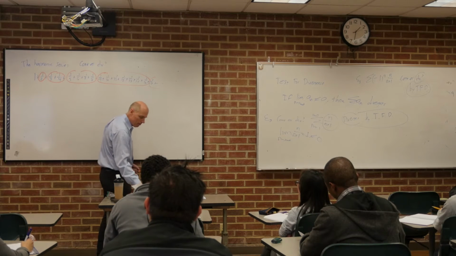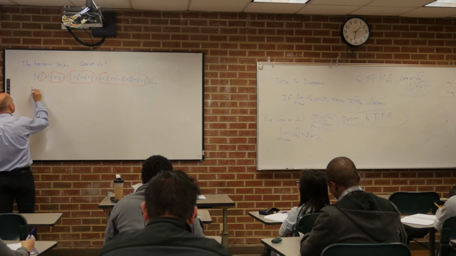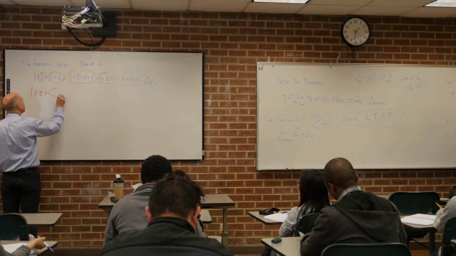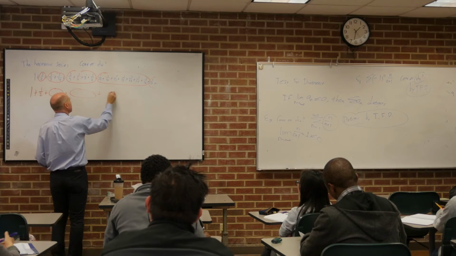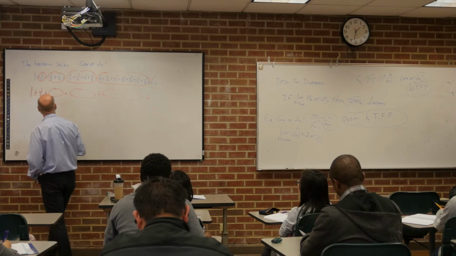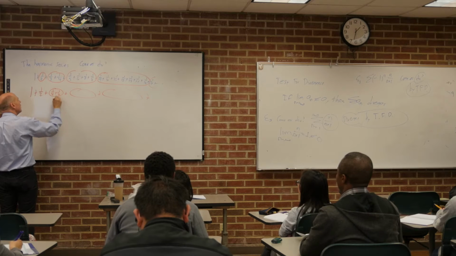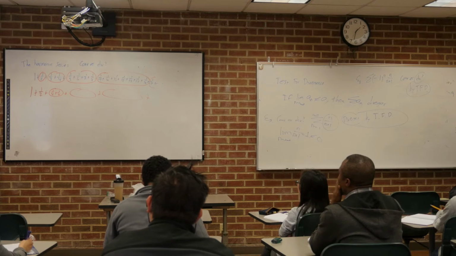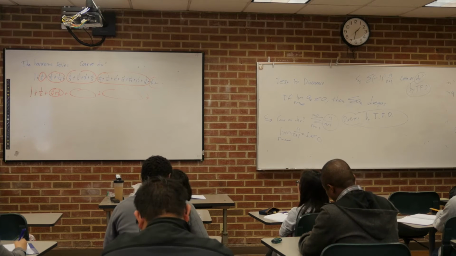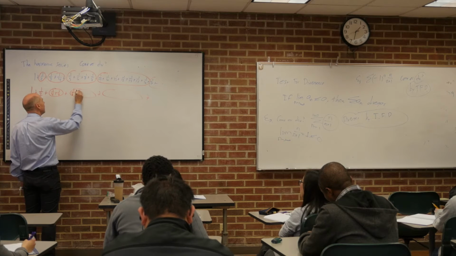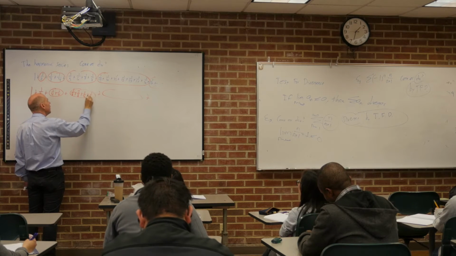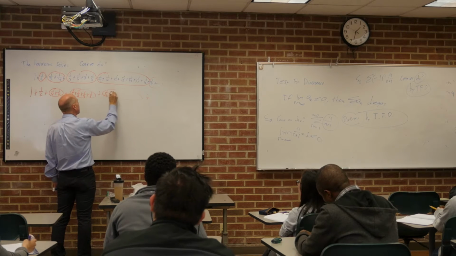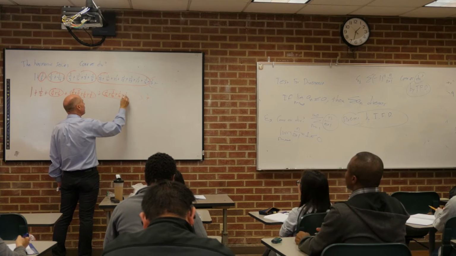Let's do this in red. In this block, I'm going to replace everything by the last term of the block. So 1/3 gets replaced by 1/4. In this next block, I'm going to replace everything by 1/8. And in the next block, everything gets replaced by 1/16.